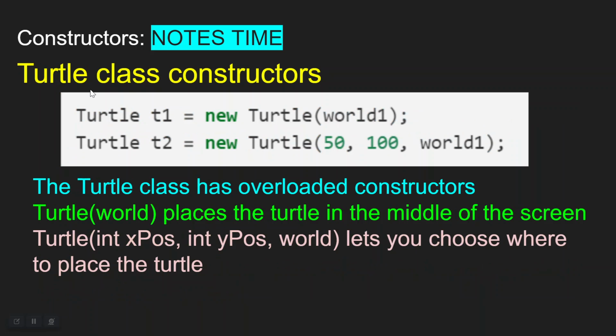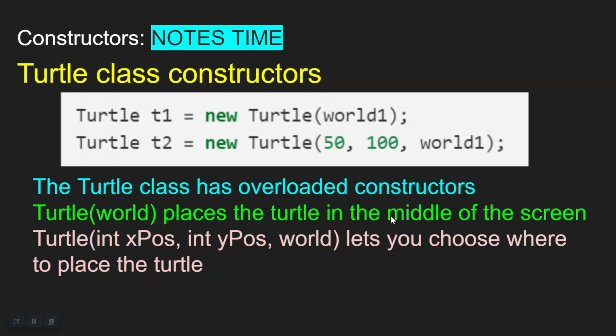And the Turtle class constructor. So if you wanted to create objects of the Turtle class and place them in these different worlds, these different environments, if you did Turtle t1 equals new Turtle(world1) with no extra information, it's going to actually place the turtle in the middle of the screen.